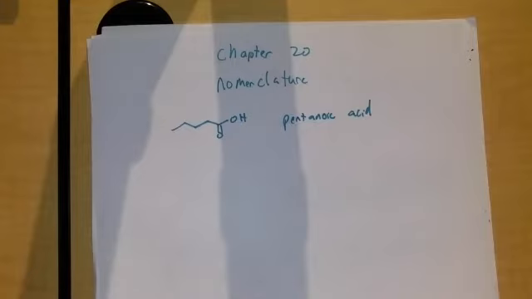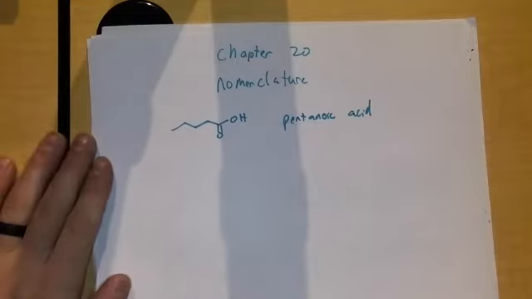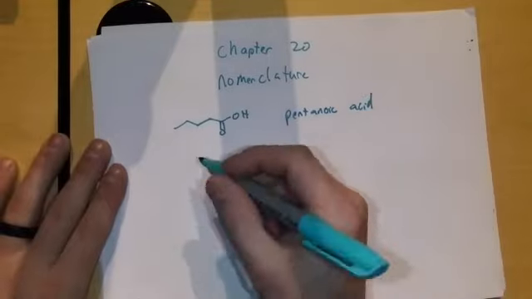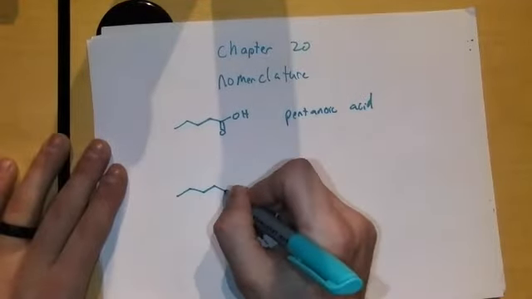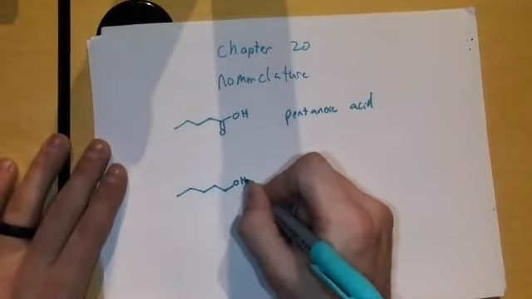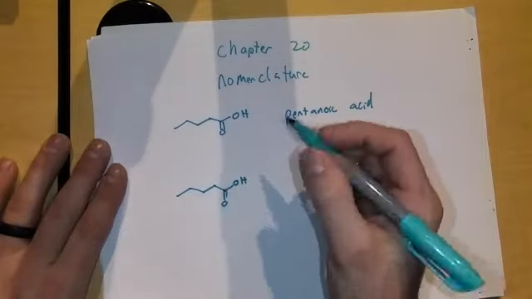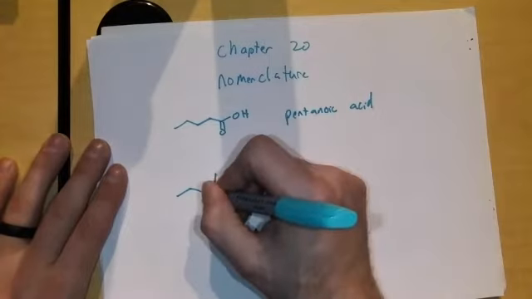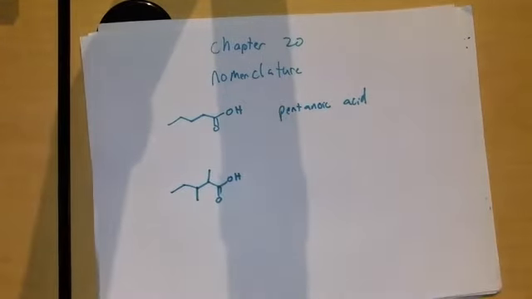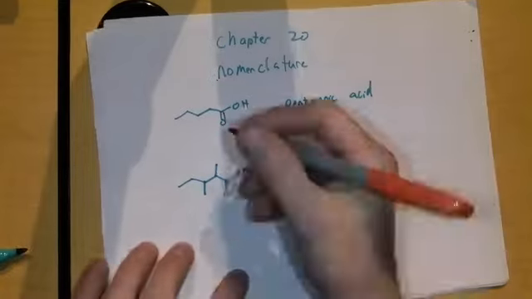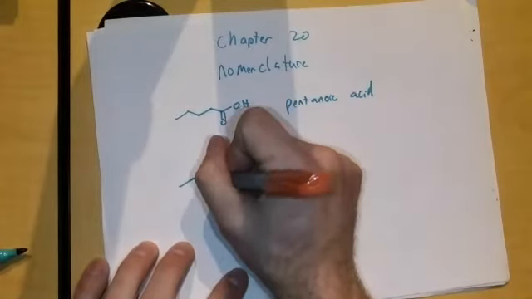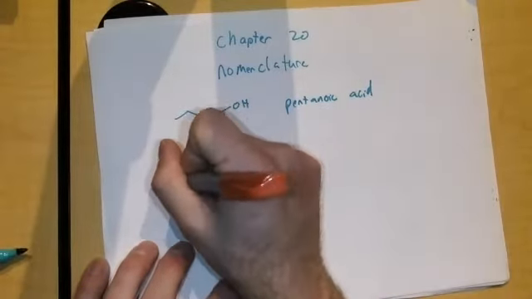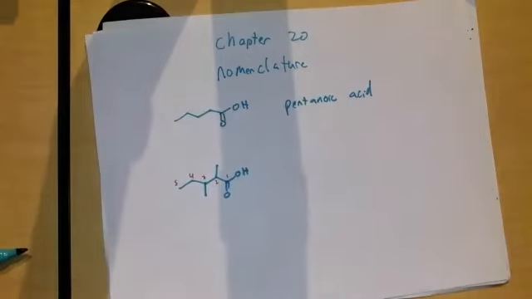For numbering, you're going to start no matter what with your carboxylic acid as number 1. That's going to be your highest priority group. So if I throw some extra carbons on here, number 1 is going to be our carboxylic acid center. So this would be 1, 2, 3, 4, 5 here.